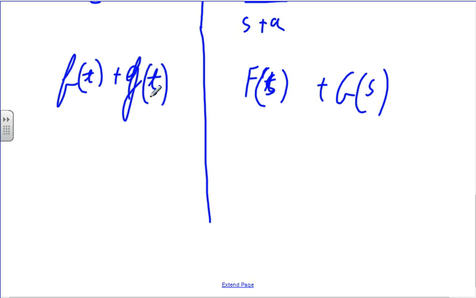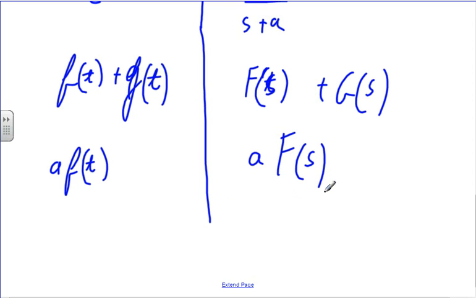So additivity works, and if I have a times f of t, then my Laplace transform is going to be a times F of s. Okay, because that a can go in and out of the integral sign and just be there.